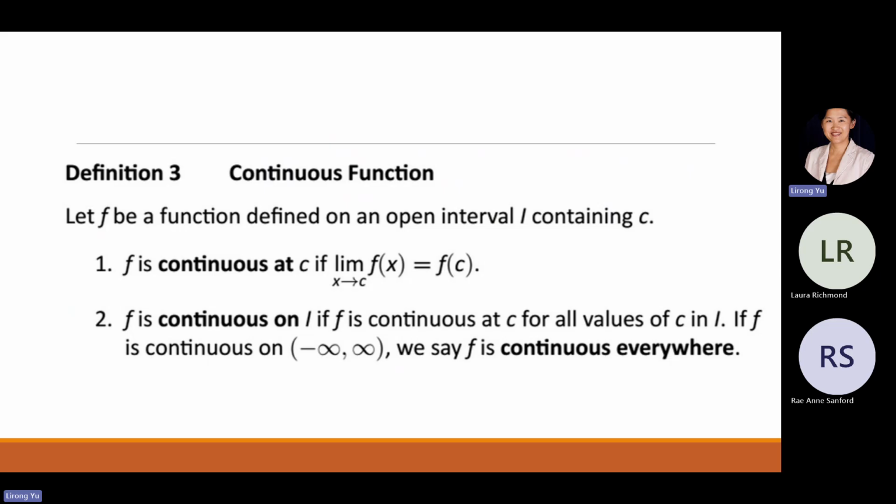The interval negative infinity to positive infinity is also considered an open interval. If we remember, if the endpoint is not achievable, it's called an open interval. If the endpoint is possible to achieve, it's a closed interval. So closed interval is when the endpoint is included.